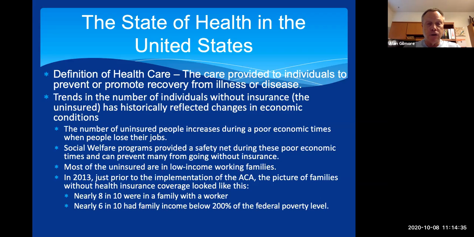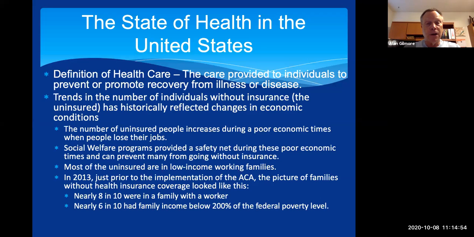Most of the uninsured are in low-income working families. In 2013, just prior to the implementation of the Affordable Care Act, the picture of families without health insurance coverage looked like this. Nearly 8 in 10 were in a family with a worker.